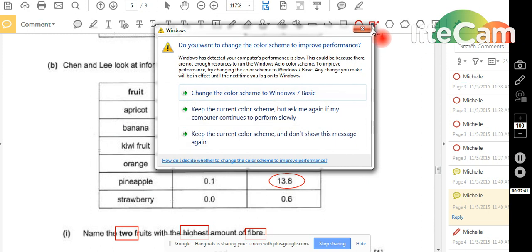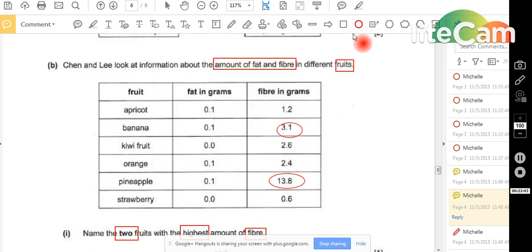Or the same weight. If your sample sizes are the same weight or the same volume, that would give you a fair comparison. Then you have 1 centimeter cubed of apricot compared to 1 centimeter cubed of pineapple, and then you can compare and see which one has the higher fiber content.